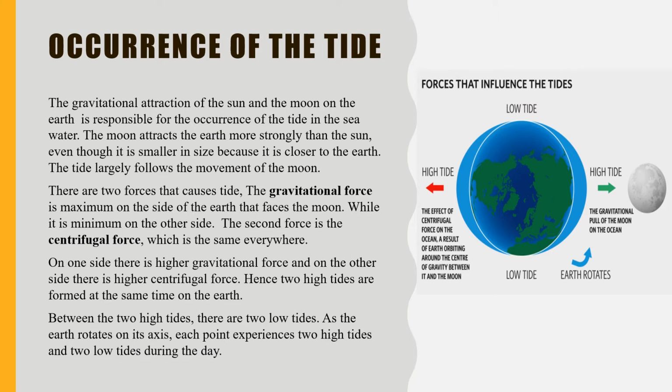On one side, there is higher gravitational force, and on the other side, there is higher centrifugal force. Hence, two tides are formed at the same time on Earth. Between these two high tides, there are also low tides. As the Earth rotates on its axis, each point experiences two high tides and two low tides during the day.